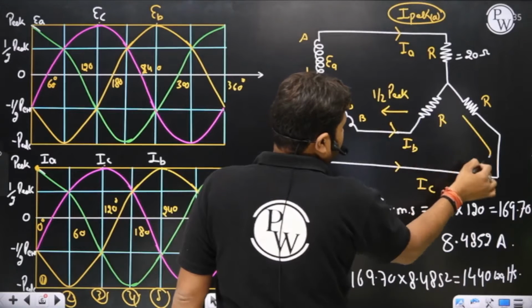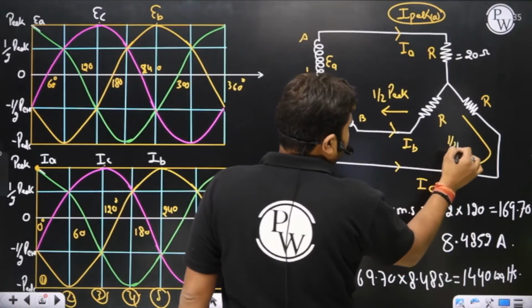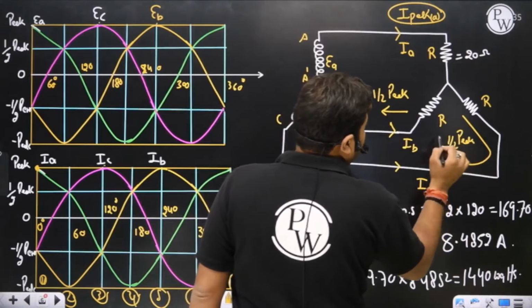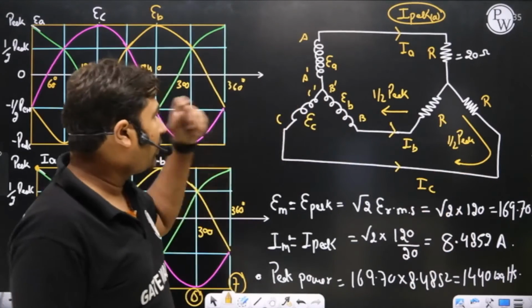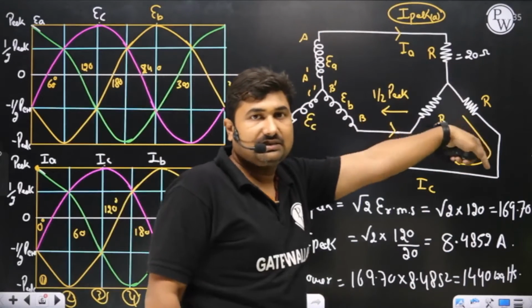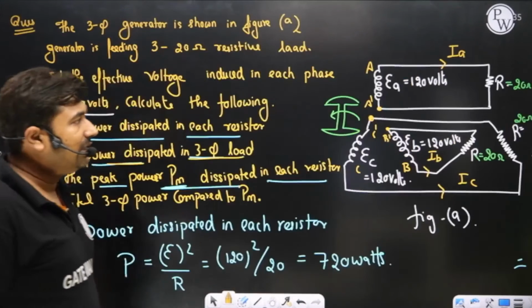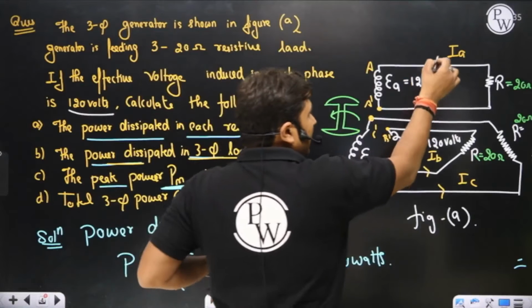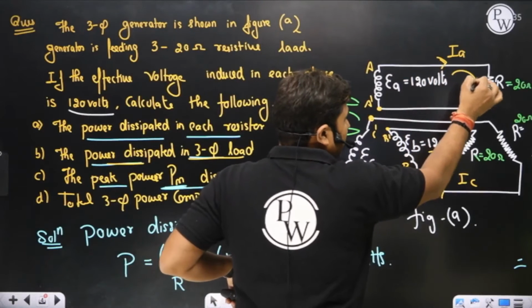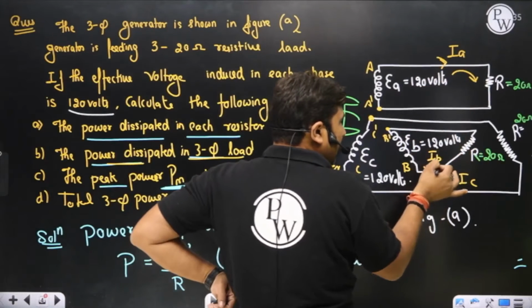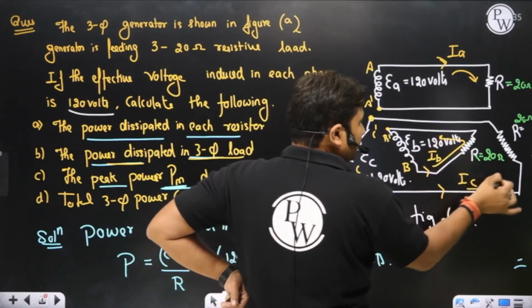Because if I have taken plus current as coming from the voltage to the resistor, the negative current means it is going back. So it can be clearly observed from this circuit that when IA peak is coming here, at the same time IB and IC are half of the maximum.